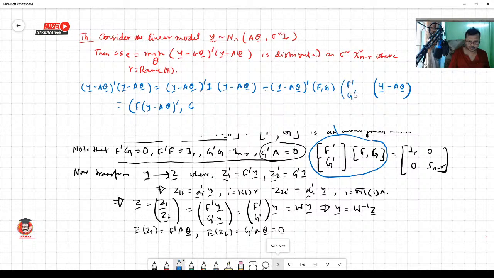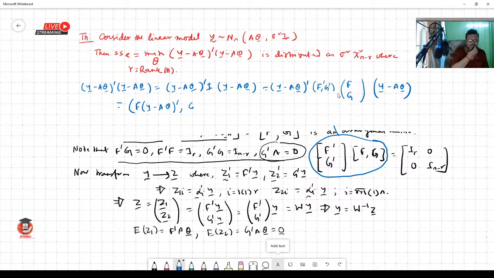F prime G prime. This means, okay, so this is equal to... this is not a prime. F prime G prime.